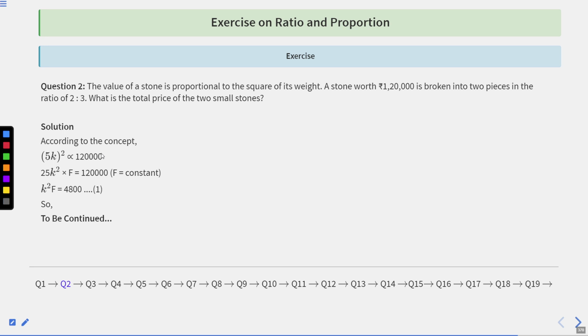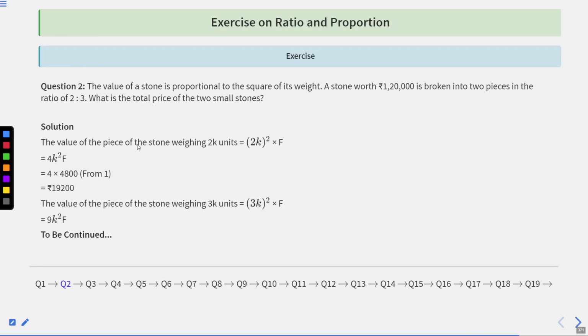So the weight of stone is 5k. We have to take the square here, and that is directly proportional to the value of stone, which is given to be 1,20,000. When you simplify this, you will have 5k square, and when you remove the proportionality sign, you get a constant, say f. So it will be 5k square times f equal to 1,20,000. That means k square f is equal to 4,800. Let us name this equation 1.